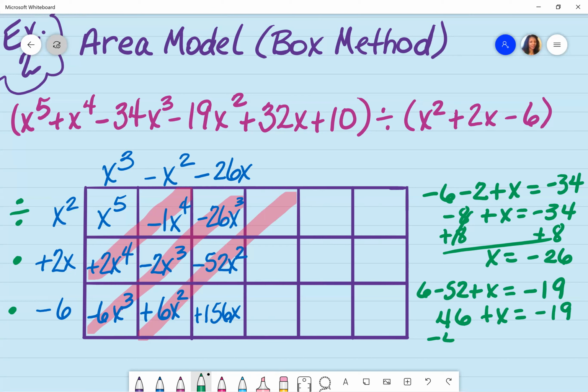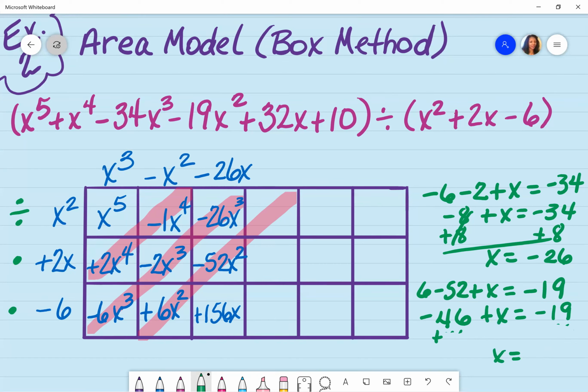And then I'm subtracting 46 on this side, which will result in x being negative 65. Okay, something's not right. Let me double check my math here. Let me just use a calculator instead of trying to do this in my head. So 6 minus 52, negative 56. That should have been a negative. That's why. So that should be a negative 46.